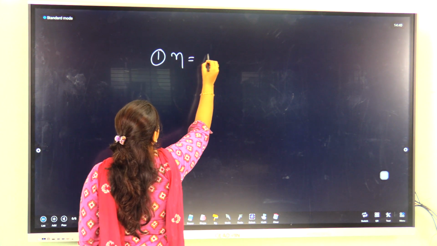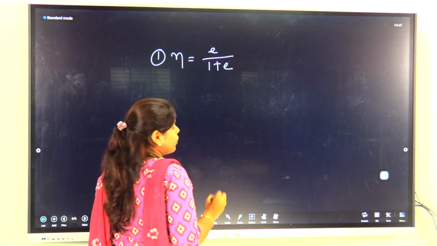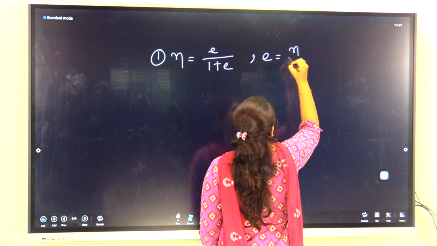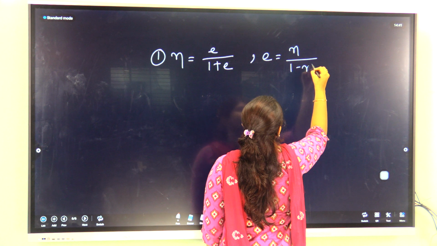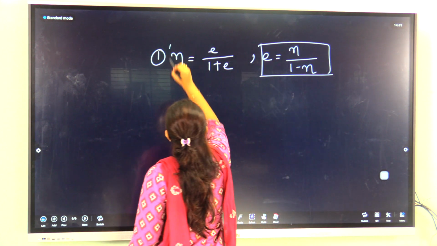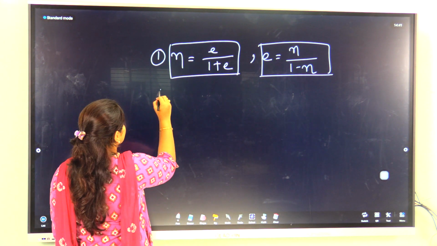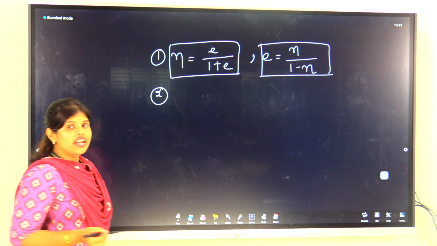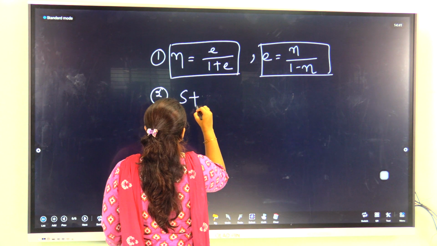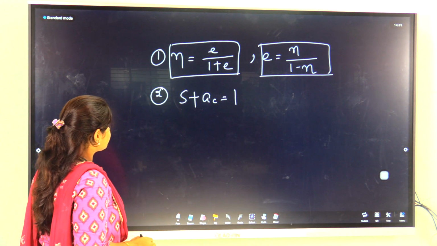Eta equals E by 1 plus E. Also E equals eta upon 1 minus eta. Two formulas you can get from the first relation. Okay. Next, from air content and degree of saturation, we have got S plus AC equals 1.